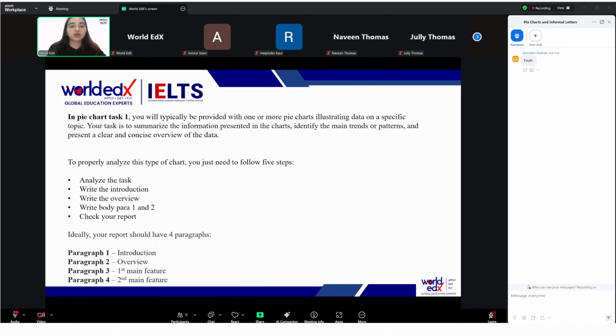Then instead of saying shows, you can say illustrates, compares, gives information, represents, draws comparison between main sources of energy. How can you change it? You can even change it to the primary sources of energy. Energy cannot really be changed into anything, so it is better for you to keep it like that.